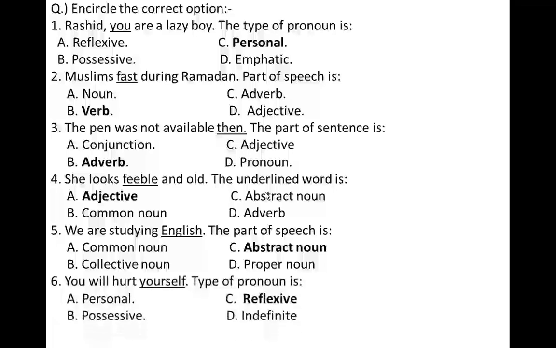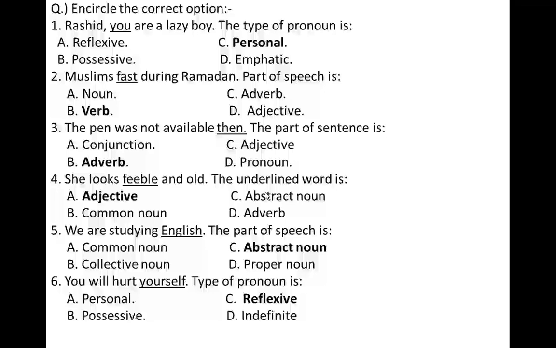You will hurt yourself. Type of pronoun is personal, possessive, reflexive, indefinite. You and yourself are reflecting two words, you will hurt yourself. We have studied that any action that reflects back towards you is always a reflexive pronoun.